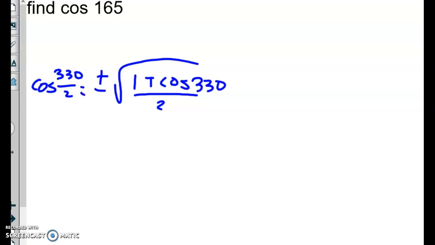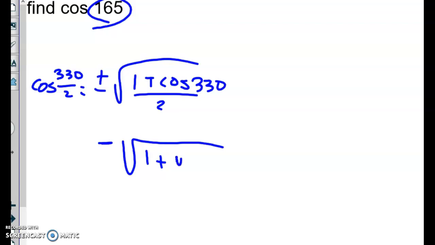And so I know that the cosine in the 2nd quadrant is negative, so my answer is going to be negative. And I'm going to go plus 1, cosine at 330 is square root of 3 over 2, all over 2.